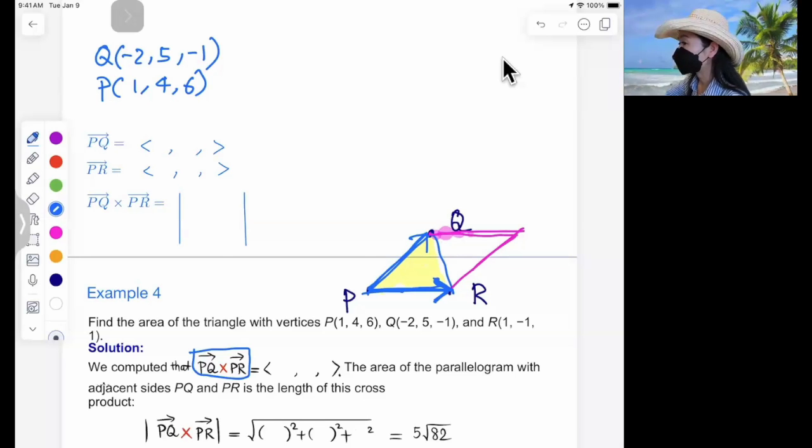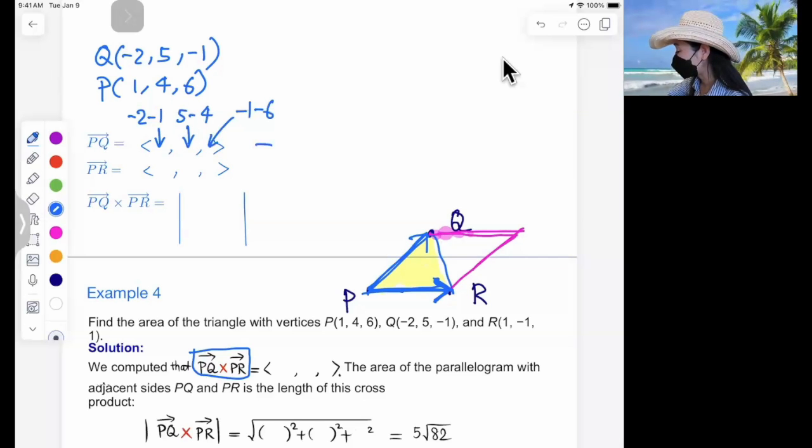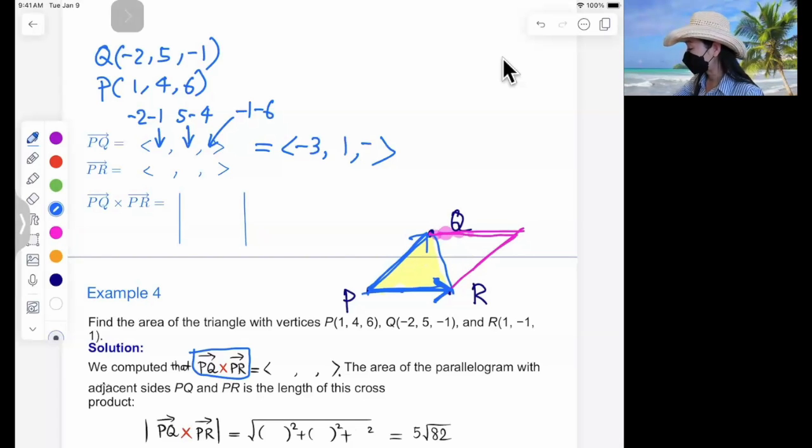So you take the component of Q and subtract P. The first one will be -2 minus 1, the second one will be 5 minus 4, and the last one will be -1 minus 6. And what do we get? You get (-3, 1, -7), right?